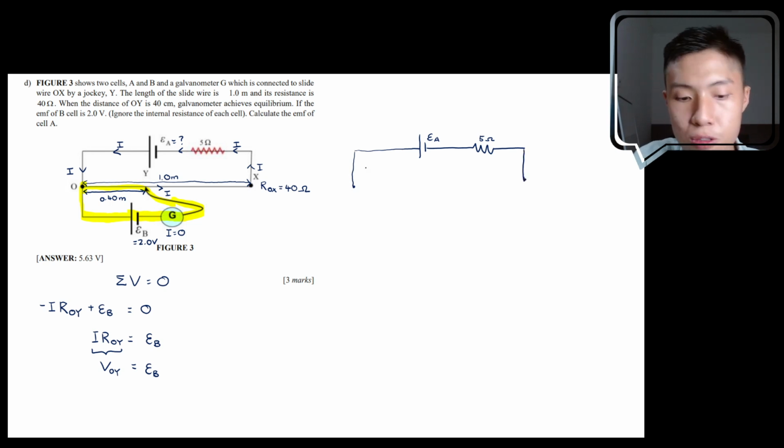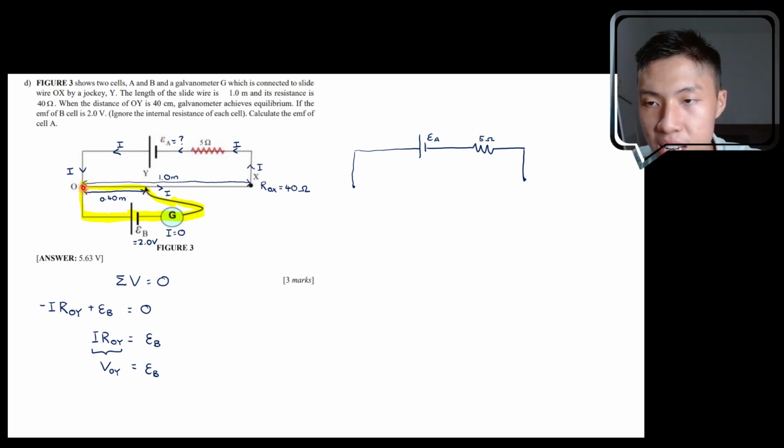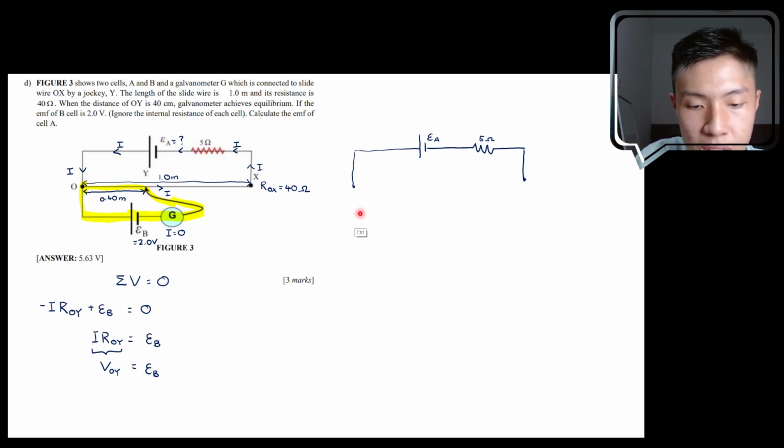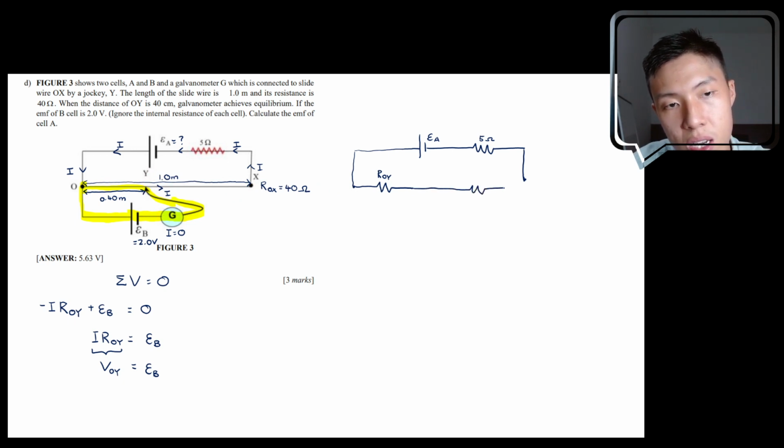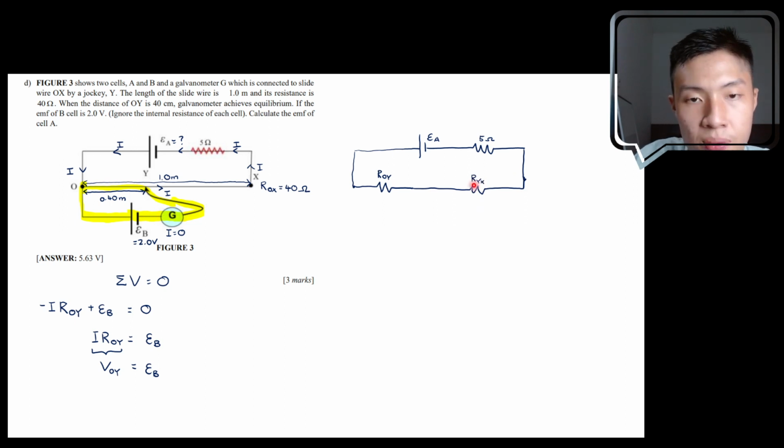But instead of drawing this slide wire, we can represent the left-hand side of the jockey as one resistor, which we call R_OY, and we can represent the right-hand side of the jockey from Y to X as another resistor, which is R_YX.